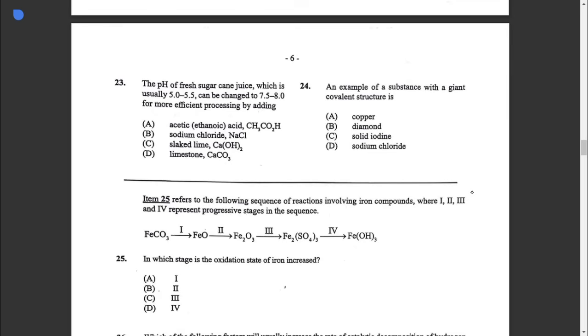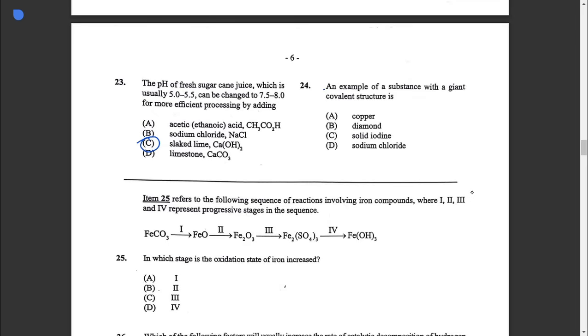We want something that will increase the pH. Limestone is slightly basic, but it will not affect the pH as greatly as slaked lime, which is a strong base, calcium hydroxide, and so that will increase the pH from 5.5 to anywhere around 7.5 in this case. All right, so that's for 23.